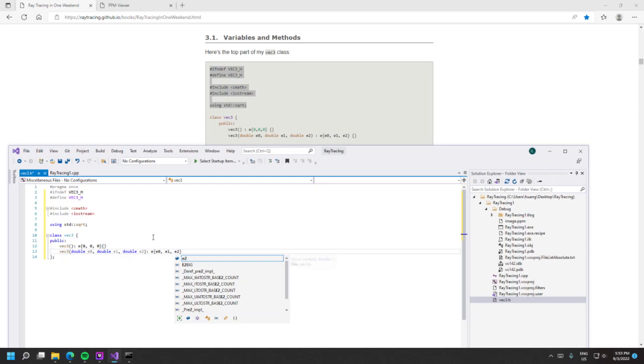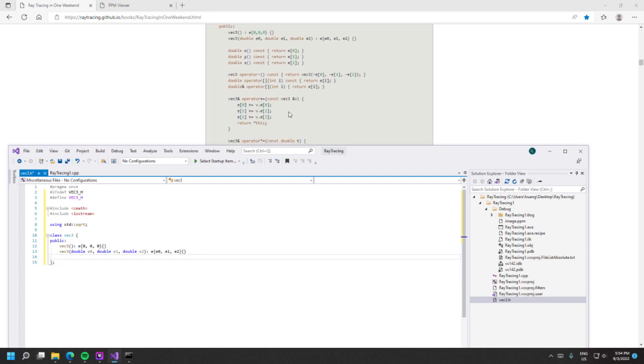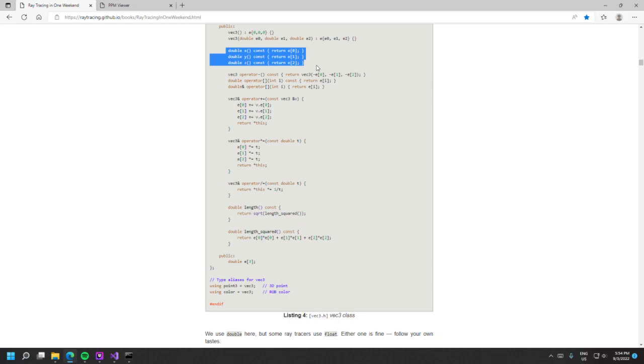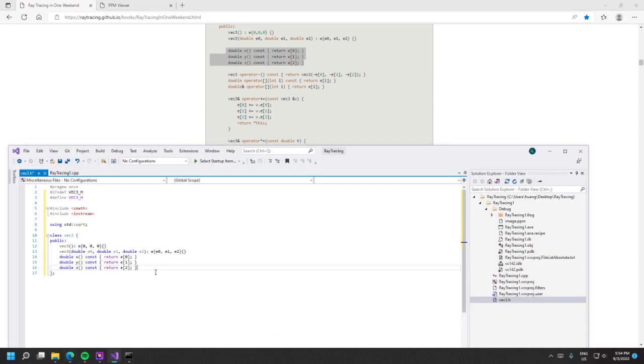One, two, okay. What's next? Double, yes, return. I'm just going to copy and paste this part because it's very repetitive work if I were to type it myself. And I'm going to type the next part.